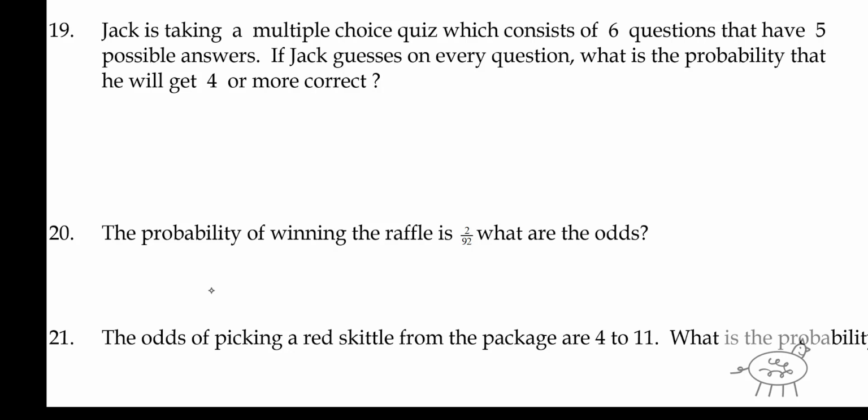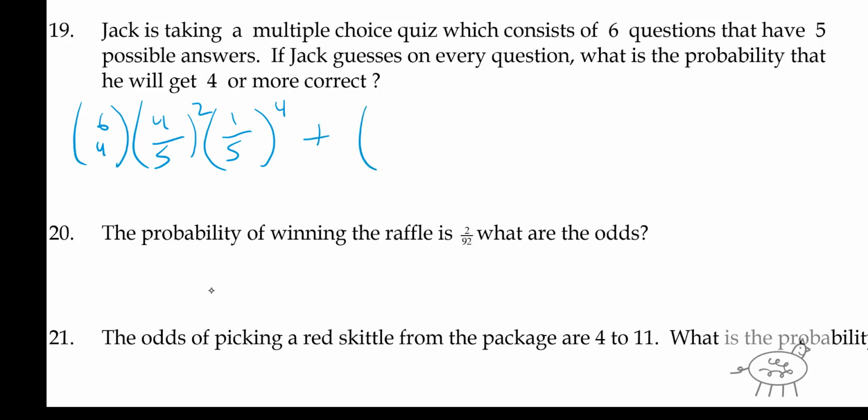Okay, so that's binomial again. Since there are 5 possible answers, success rate is 1/5. Failure is 4/5. So it's a 4 and a 2. That's 4 correct. 5 correct is 6C5, so it's going to be a 5 here and a 1.